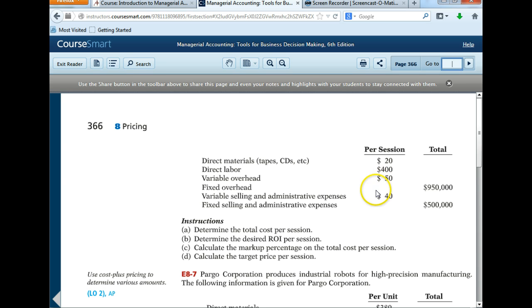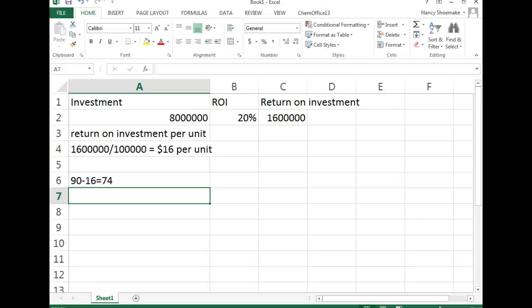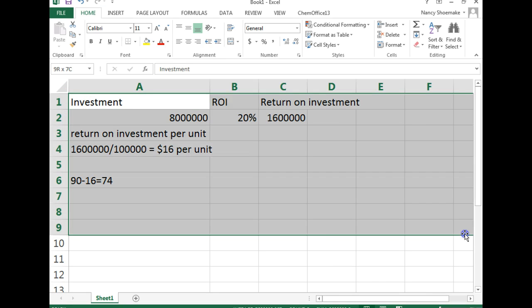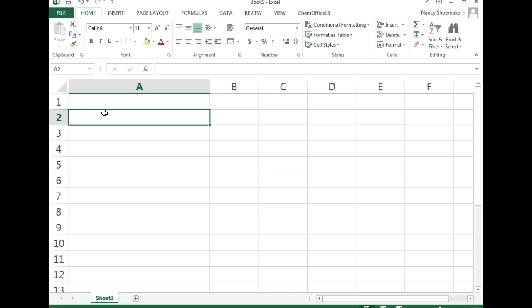Our variable selling and administrative is 40. And what are our fixed selling and administrative expenses? 500,000. And how many sessions do we hope to get? 1,000. So let's start with total cost per session.